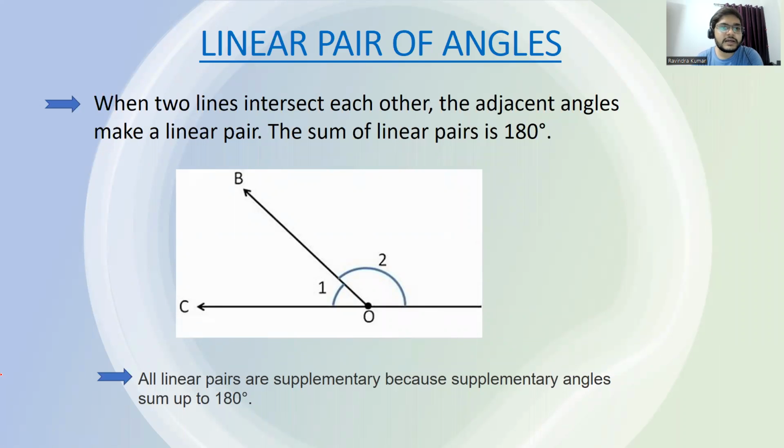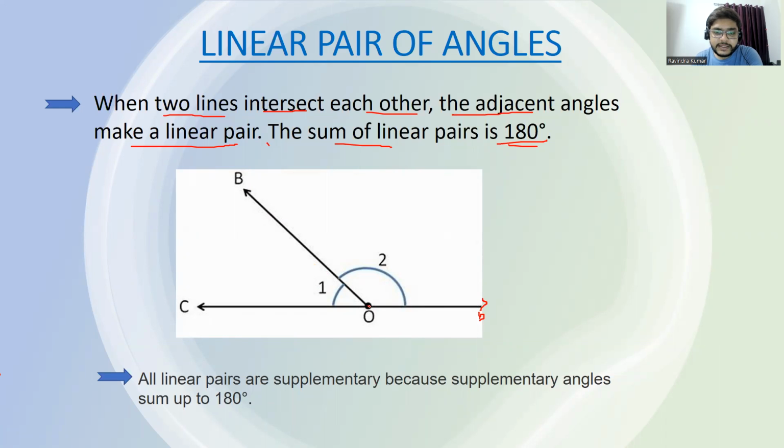So basically, a linear pair of angles forms when two lines intersect each other. The adjacent angles make a linear pair. The sum of a linear pair is 180 degrees, right? So let's have a look at this picture. Let's say this is a line CD, and there is another line, VO.